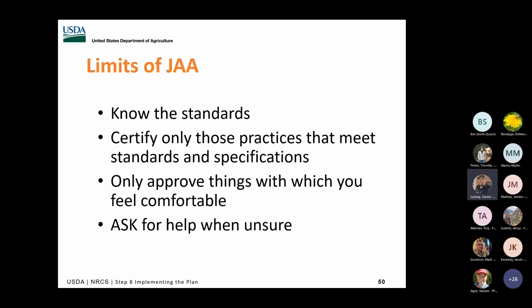So just be mindful of those of you that are writing ag ENS plans. Is job approval appropriate for that, or is NRCS job approval awarded for those types of practices and implementation?